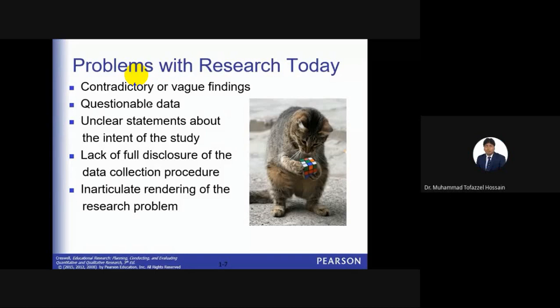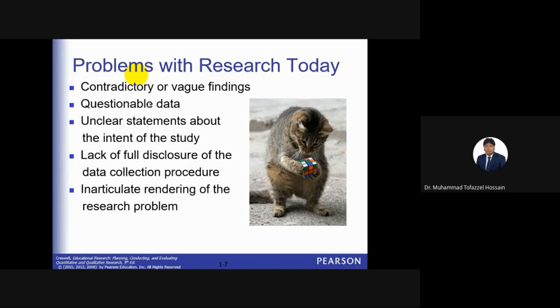Okay, so the thing is, when you review the existing literature, then you will see what is happening at present, means till date. So from that experience, you have to understand the phenomena.